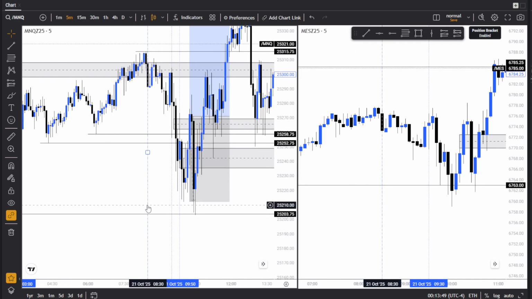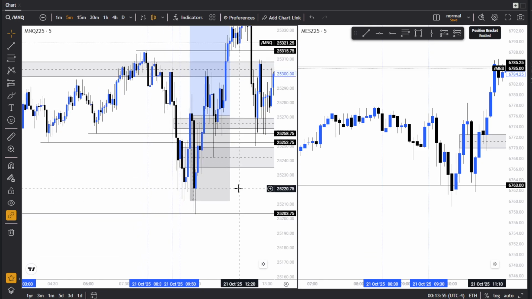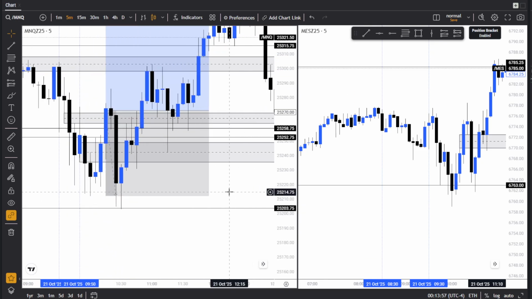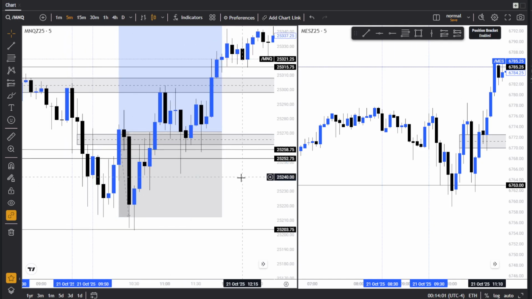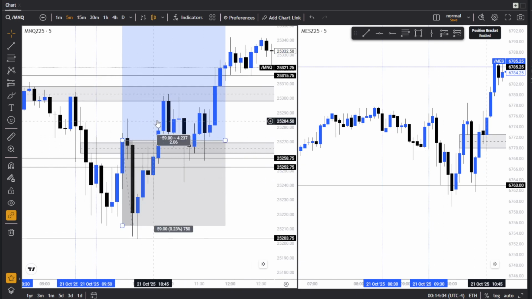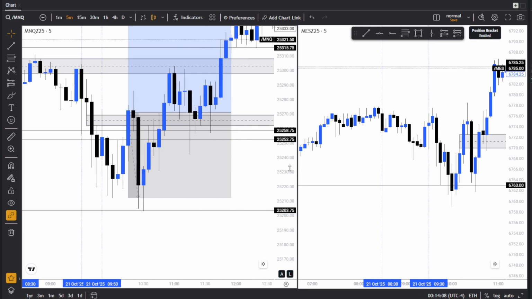We came into that new, well, not new week, but we came into that opening gap, and from there, we get a 5-minute inversion right here. Okay, so in my mind, I'm like, cool.